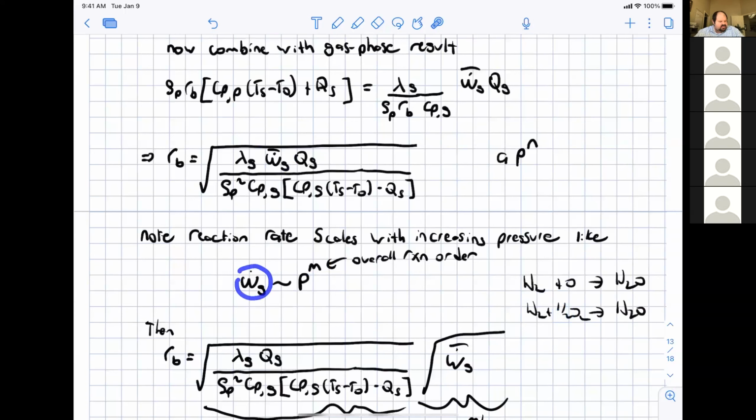And so basically the gas phase reaction rate would then scale with pressure raised to the 1.5 power, etc. So basically M is equal to the sum of the stoichiometric coefficients.